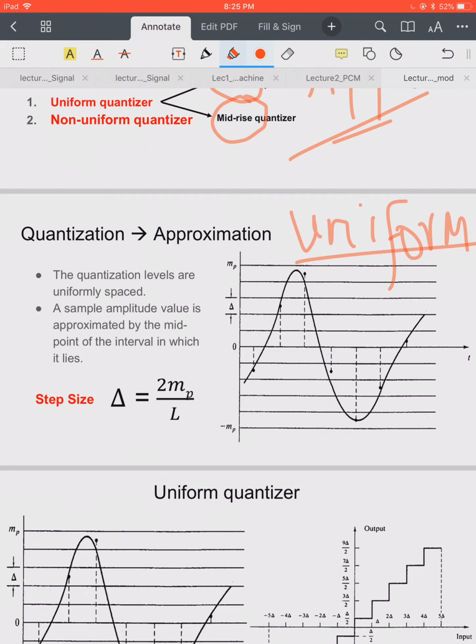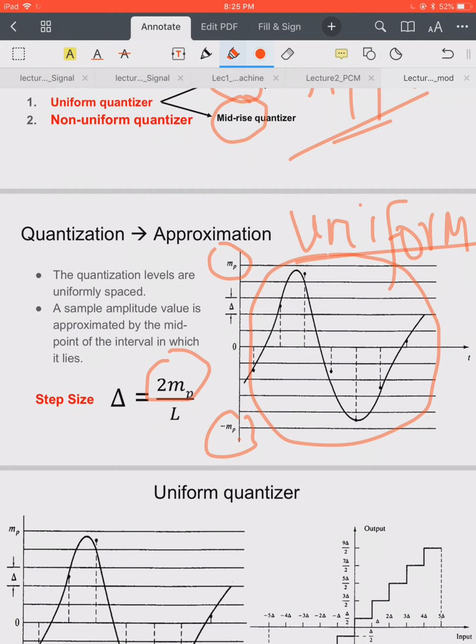Now let's consider an analog signal whose amplitude is confined to the range minus mp to plus mp. So its dynamic range of variation is minus mp to mp, total 2 mp.